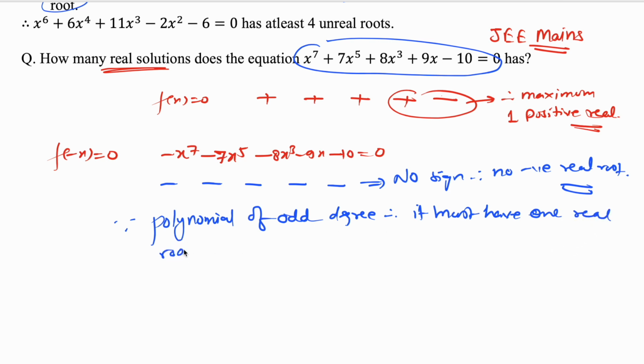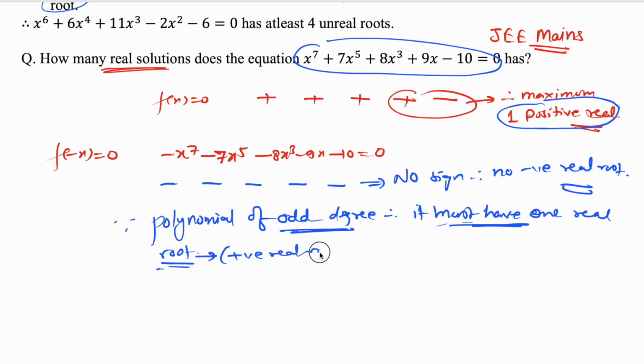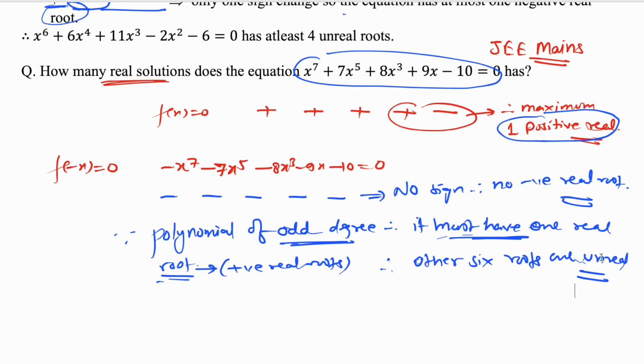Since this is odd degree and there is at most one positive real root, it must have one real root, and that root is positive. That is the positive real root. It means the other 6 roots are unreal. I hope you understand this.